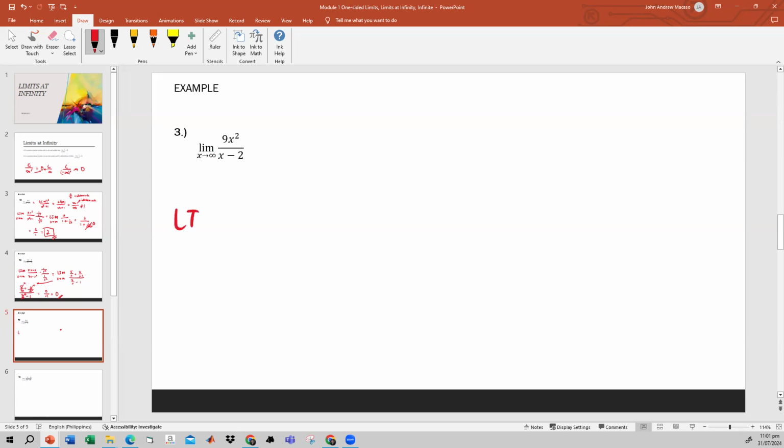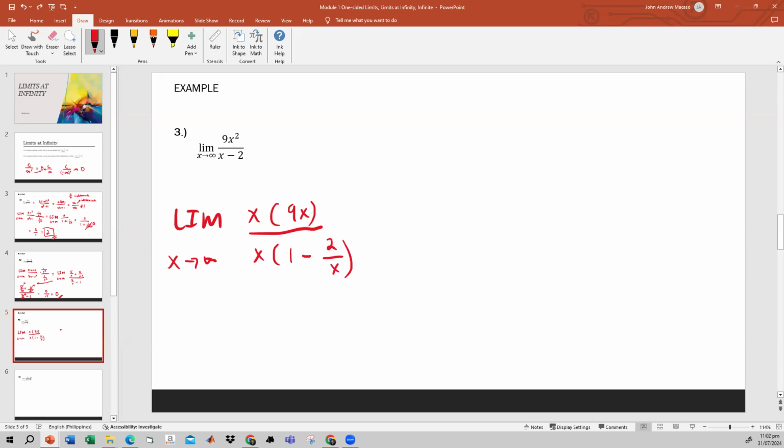So I will rewrite this function like this: 9x squared over x times (1 minus 2 over x) as x approaches infinity, because if you distribute this, you will get x minus 2. Okay? So I hope we're all clear.